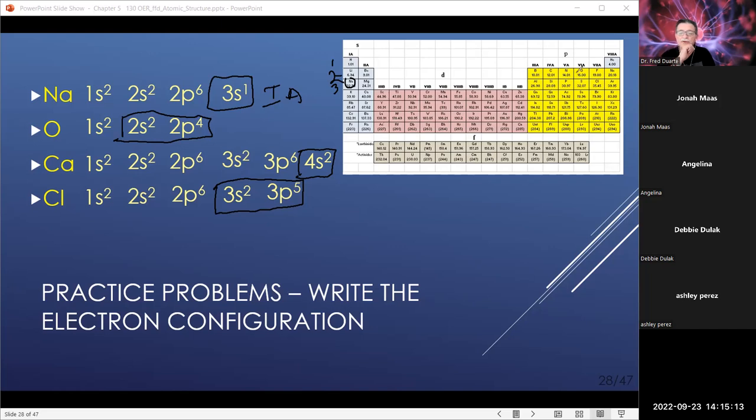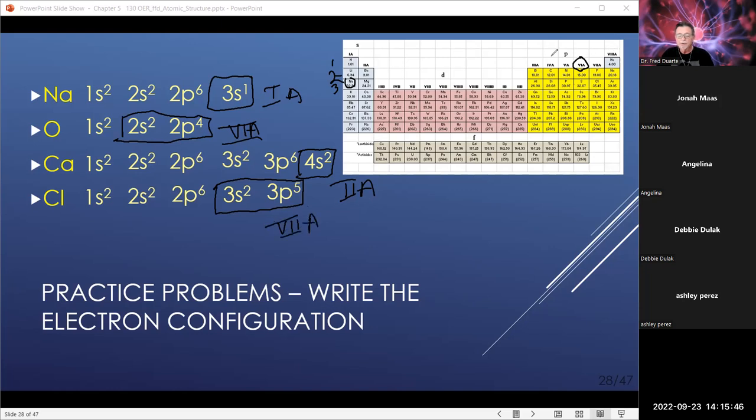Oxygen is in Roman numeral 6A, which tells me there are 6 valence electrons. Then we have calcium, which is in the 2A. That's why I was looking at calcium and thinking sodium. And chlorine has 7 valence electrons, and that is the group it belongs to, 7A.